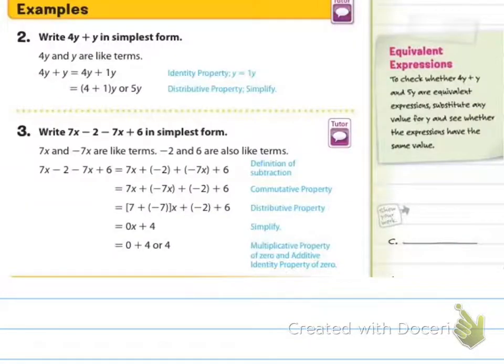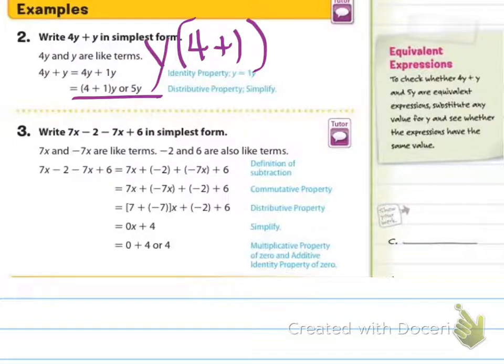So example number 2 says write 4y plus y. So I have 4 yo-yos plus 1 yo-yo, right? And so they say let's use distributive property, and let's take the 4 and the 1 and factor out the y, and we've got 5 in parentheses times y.